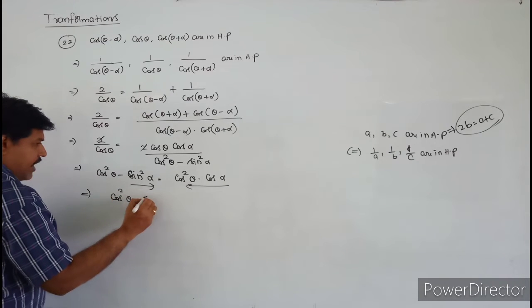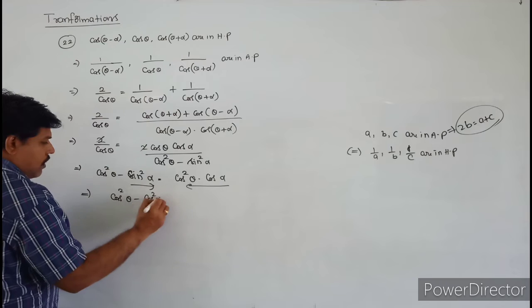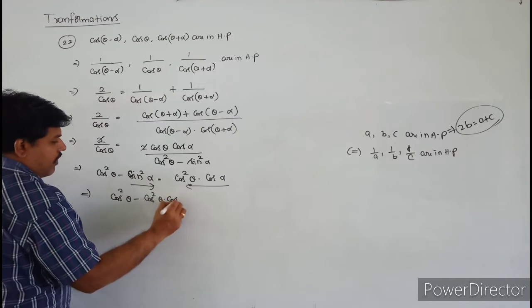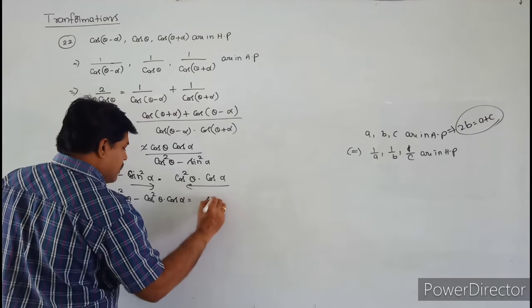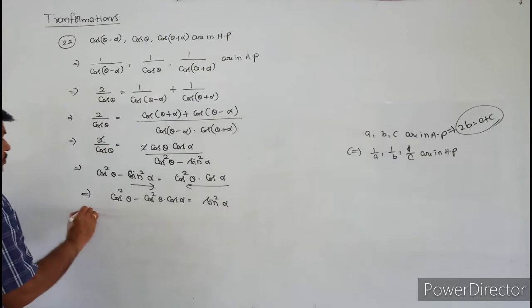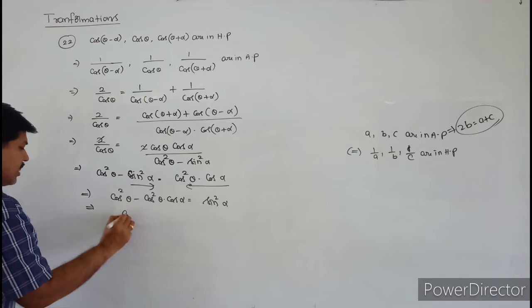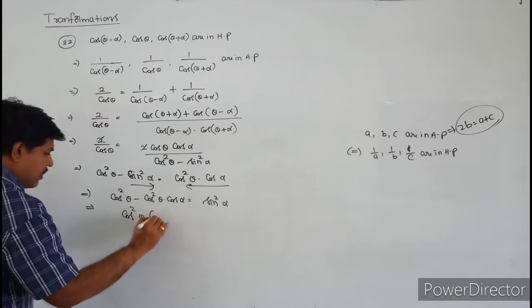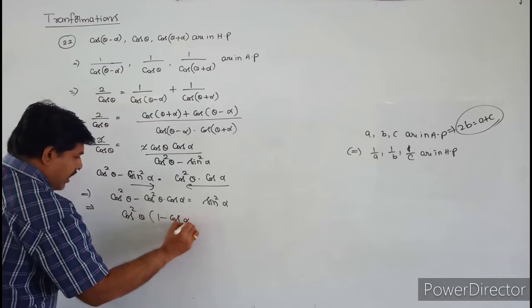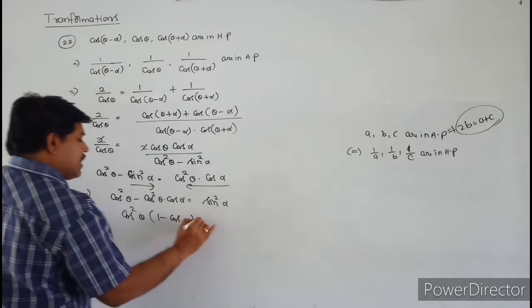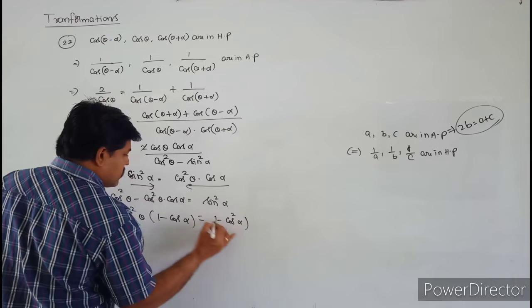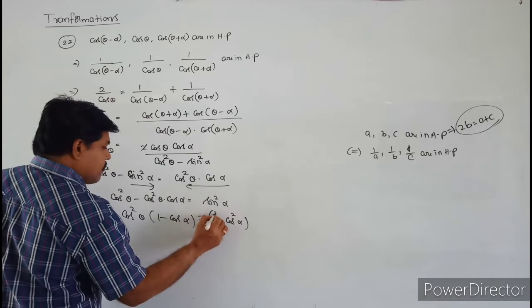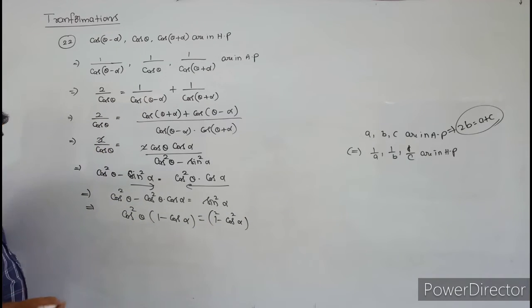Cos square theta minus cos square theta into cos alpha is equal to, take this term to that side, sin square alpha. So from these two, I will take cos square theta common. Then it will become 1 minus cos alpha is equal to sin square alpha, you can write it as 1 minus cos square alpha, yes or no? So 1 minus cos square alpha means 1 square minus cos square alpha.